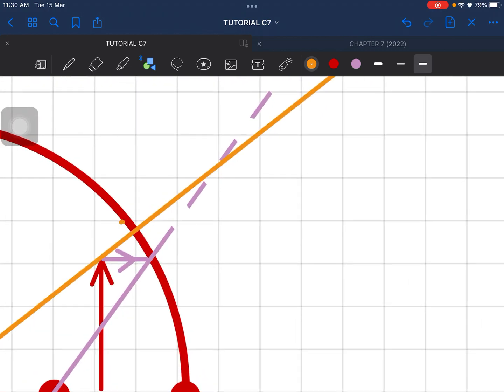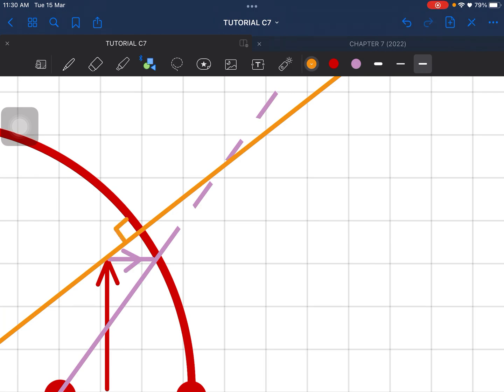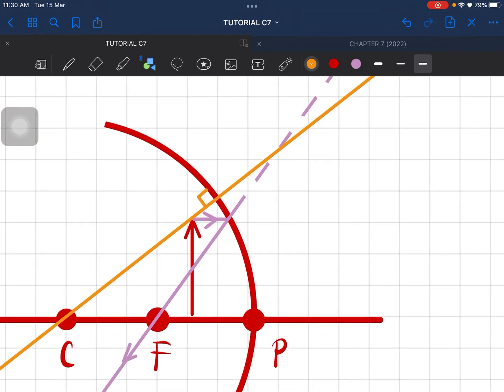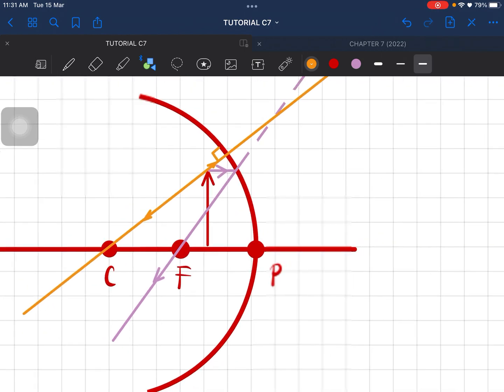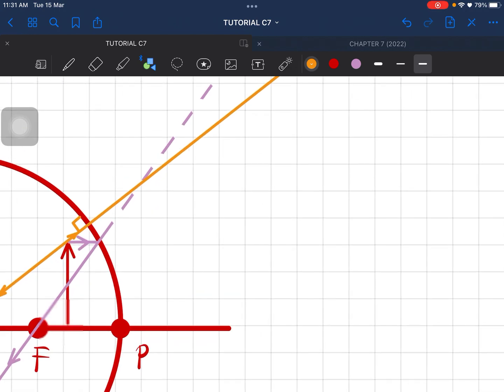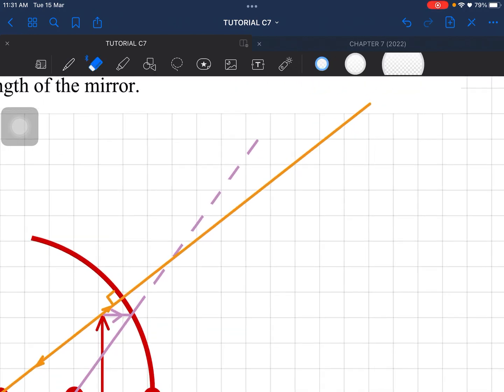This one should be 90 degrees to the mirror, and then it will be reflected back.